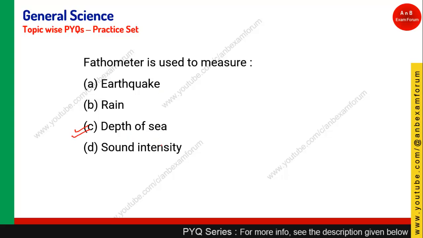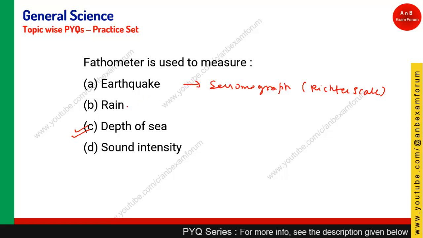What about the other options? The device used to measure the earthquake is the seismograph. If you want to know the intensity of the earthquake, it is the Richter scale. Don't confuse them.